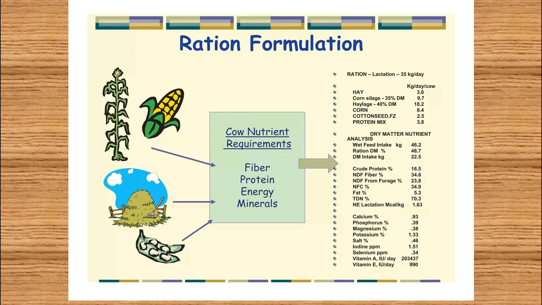And the ration is about lactation. Suppose the animal is yielding 35 kg of milk per day, then hay will be put to the extent of 3.6 kg per day per cow. Then corn silage to the extent of 35% of the DM.